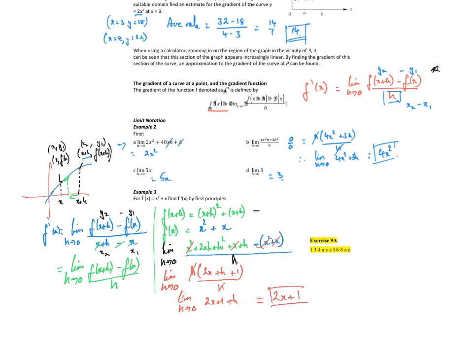So that means that's the gradient at any point. That's the gradient of the line at any point, which means it's the rate of change of the function at any point. It's the slope of the line at any point, etc. All right? Just practice that to consolidate what that definition of a derivative is.